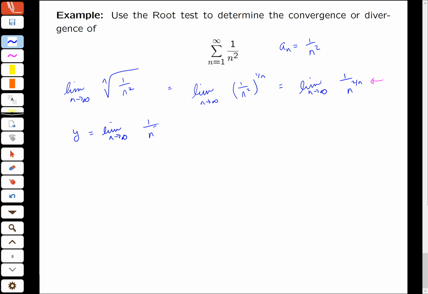So I'm going to have the natural log of y is equal to the limit as n goes to infinity, the natural log of 1 over n to the 2 over n. When you take the natural log of a fraction, it's like a subtraction. It becomes the natural log of 1 minus the natural log of n to the 2 over n. What is the natural log of 1? 0.